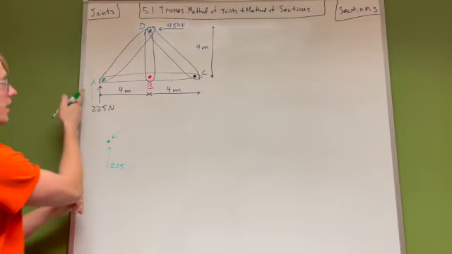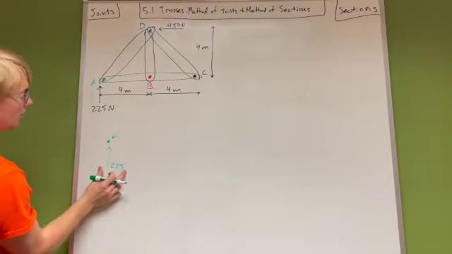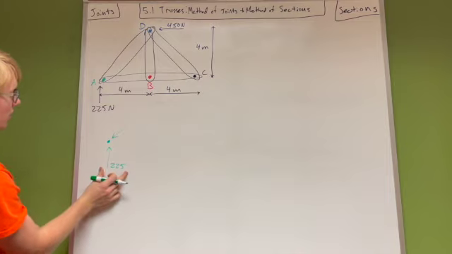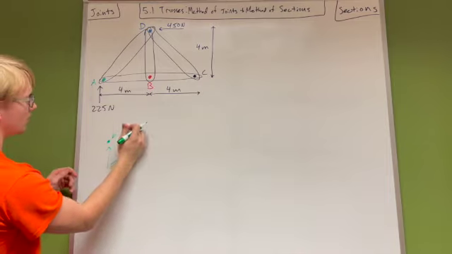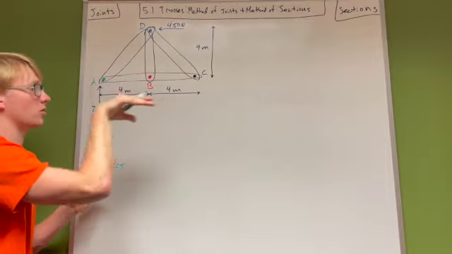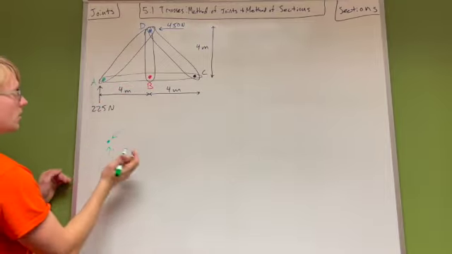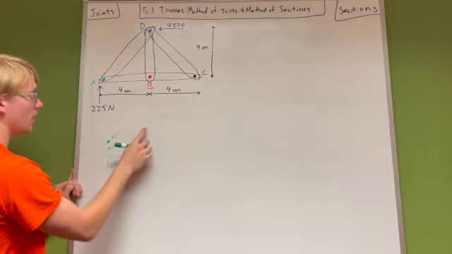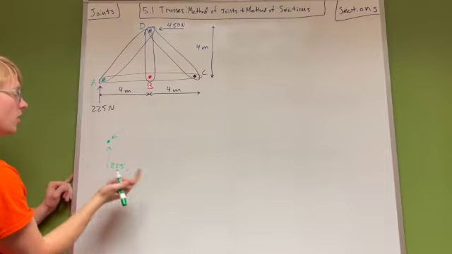Okay, because we know A is at equilibrium, it's not moving. And so we have to counteract this 225. And so this beam doesn't move at all in the Y direction. It's perfectly horizontal. So this one has to be going down to counteract this 225 that we know is going up.